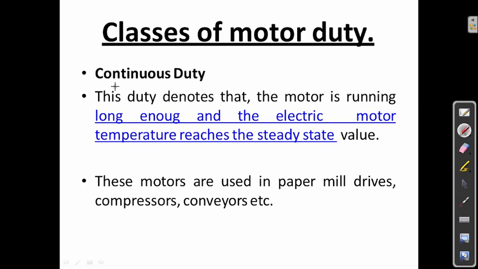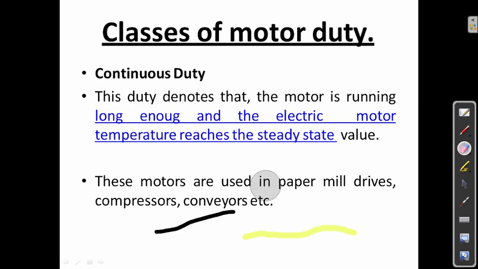See, this continuous duty means the motor is continuously running. There is no rest in that motor. Always it's running. If you are looking at a conveyor, whether it is in the production industry or in the airport, the conveyor belt is running always.